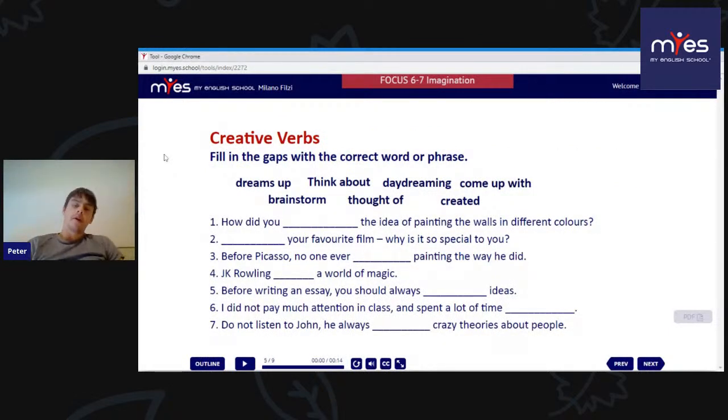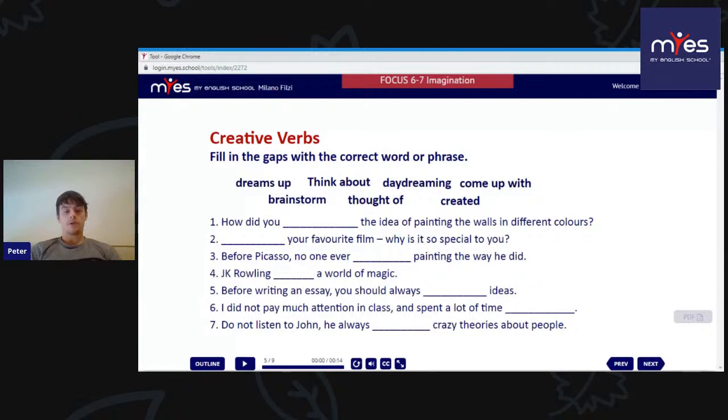Okay, so now I need you to use the phrases. Fill in the gaps with the correct word or phrase. Dreams up, think about, daydreaming, come up with, brainstorm, thought of, created. Number 1, how did you the idea of painting the walls in different colors? Number 2, your favorite film, why is it so special to you?